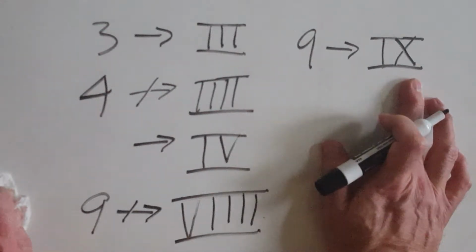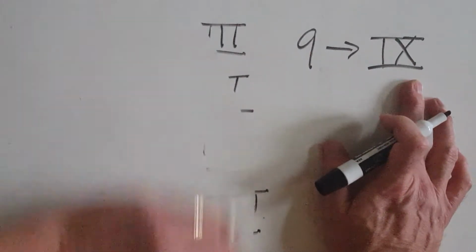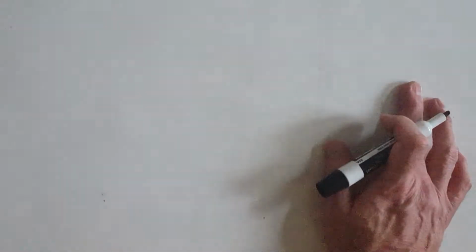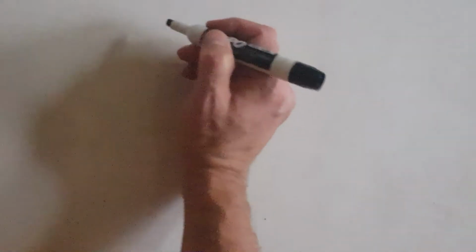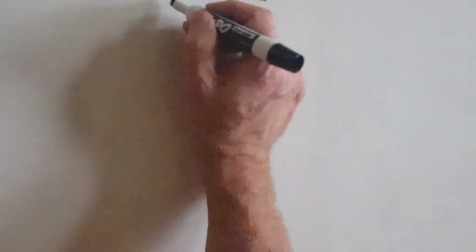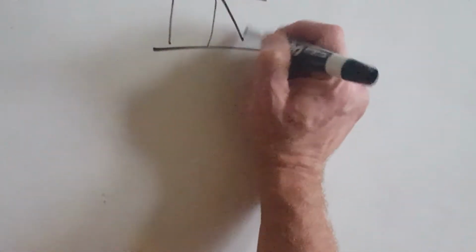Now then, there are some other things. You would think, okay, well then I can say 999 by saying IM. No, that's not true. The rules are silly, and I can't keep them all straight.